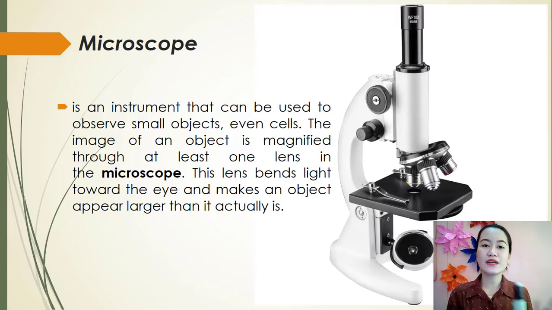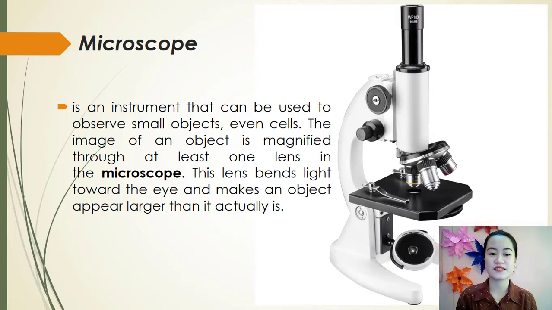According to that, ano ang sabi diyan? It is an instrument that can be used to observe small objects. Kahit yung pinakamaliit na bagay ay pwede nating makita with the help of the microscope. We use types of lenses. Later papakita ko sa inyo.